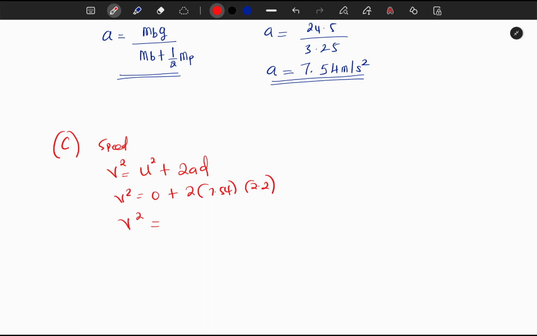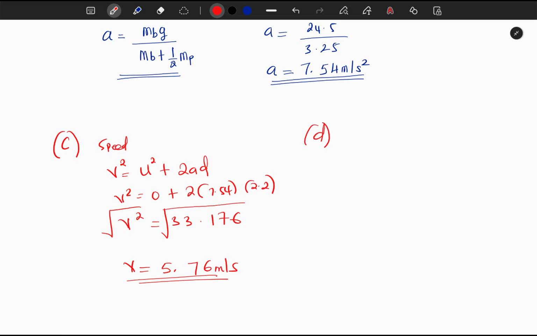So our V squared is just equal to 33.176. I'll round it off to that. Square root. Of course, just get the positive part of this one. So I'm getting 5.76 meters per second. That's the speed.